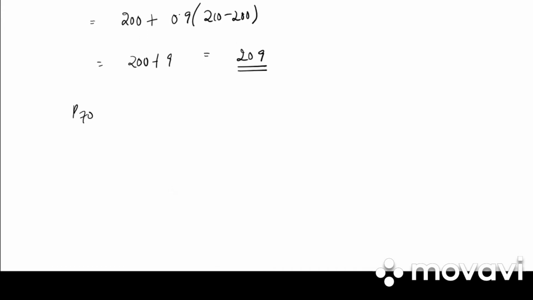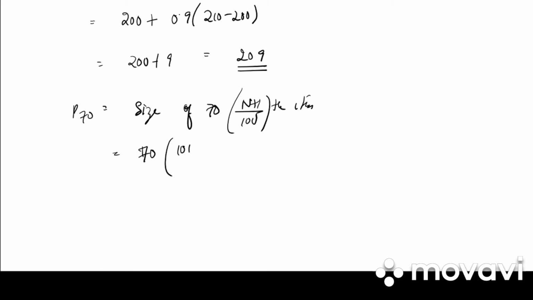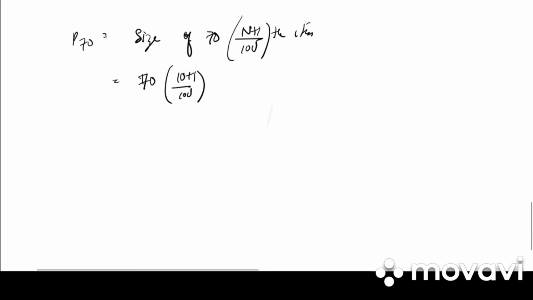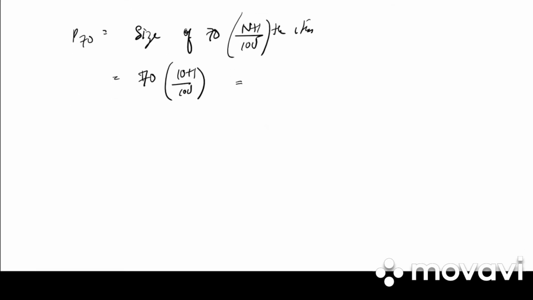Next we need to find P70, that is size of 70 into n plus 1 divided by 100th item. So 70 into 10 plus 1 divided by 100. We get 7.7th item.